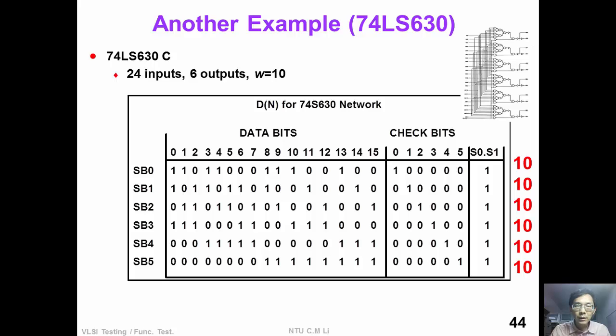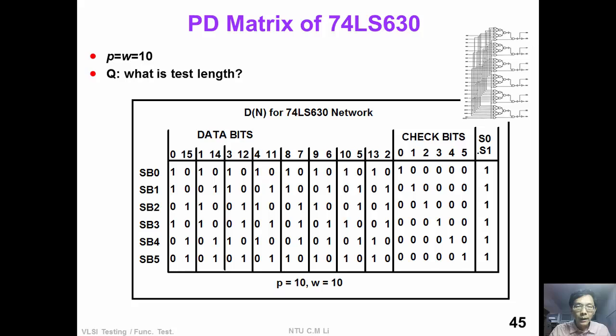This is another real example, the IC 74630. It has 24 inputs and 6 outputs. If we calculate the row weight, the row weight for each row is 10. And then we partition this matrix into 10 partitions.